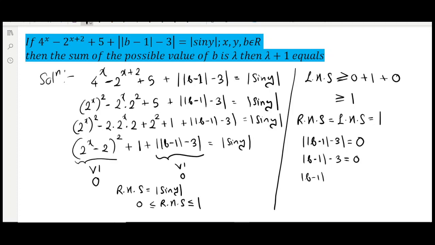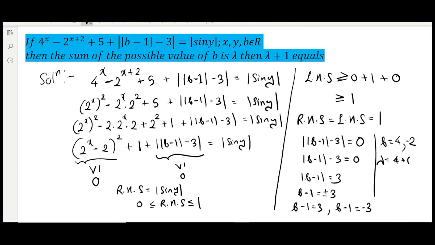So mod b minus 1 is equal to 3, and b minus 1 is equal to plus minus 3 by the property of modulus. We get b minus 1 equal to 3 and b minus 1 equal to minus 3. So we get two values of b: 3 plus 1, which is 4, and minus 3 plus 1, which is minus 2. The question is about the sum of possible values of b. Lambda is the sum of possible values of b, so lambda is equal to 4 plus minus 2, which is 2. The question is about lambda plus 1, so we get 2 plus 1, and the answer will be 3.